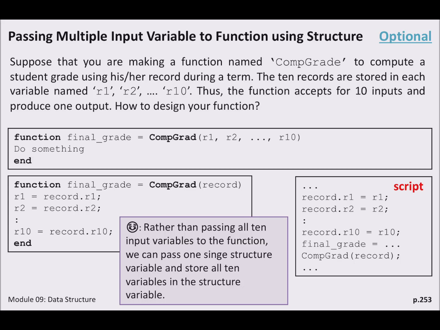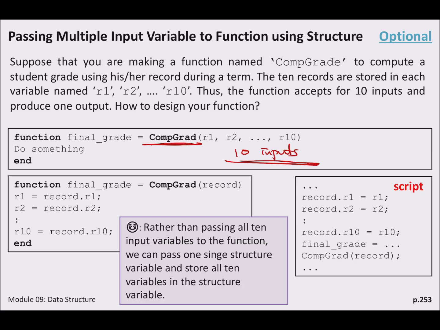So those are variables that you store as individual variables r1, r2, up to r10. That's why this compute_grade function accepts 10 inputs. Do you understand this situation? How to design your function?